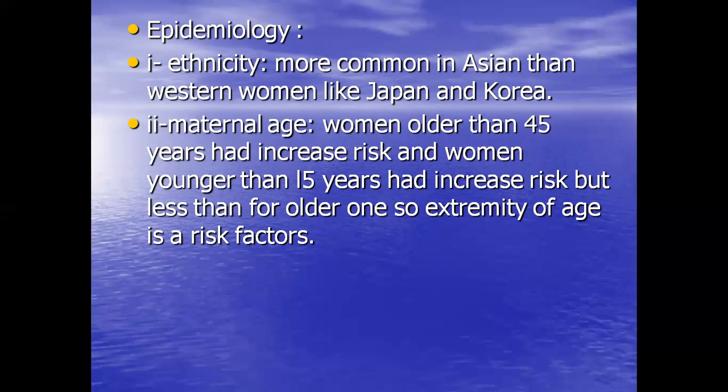Why? Because whenever the woman becomes older, the percentage of chromosomal abnormality increases. The disease is a disease of chromosomes, that's why it is more common when the maternal age is increased, i.e. chromosomal aging.